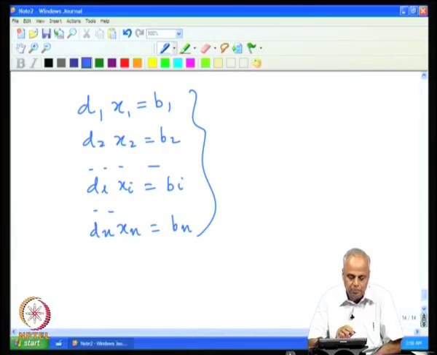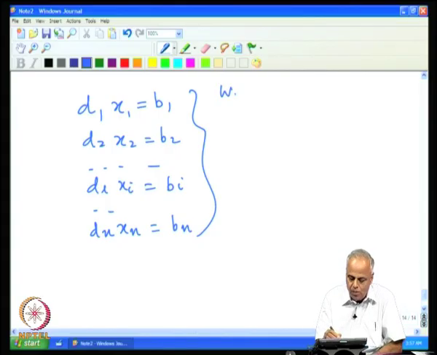Let us look at how we would go about solving it. If you want to solve the ith equation, we would like to write xi equal to bi by di, but then we can't divide by di if di is 0. So, the equations where the di's are 0 are going to be problematic. So, let us separate this out.